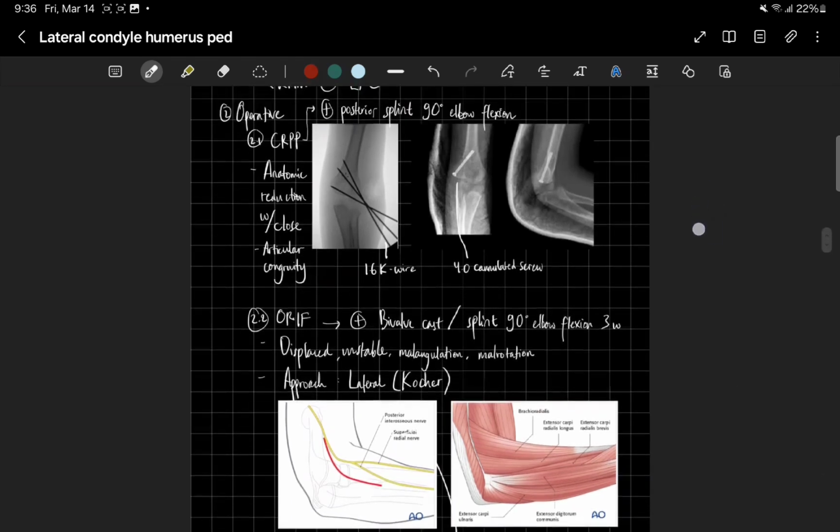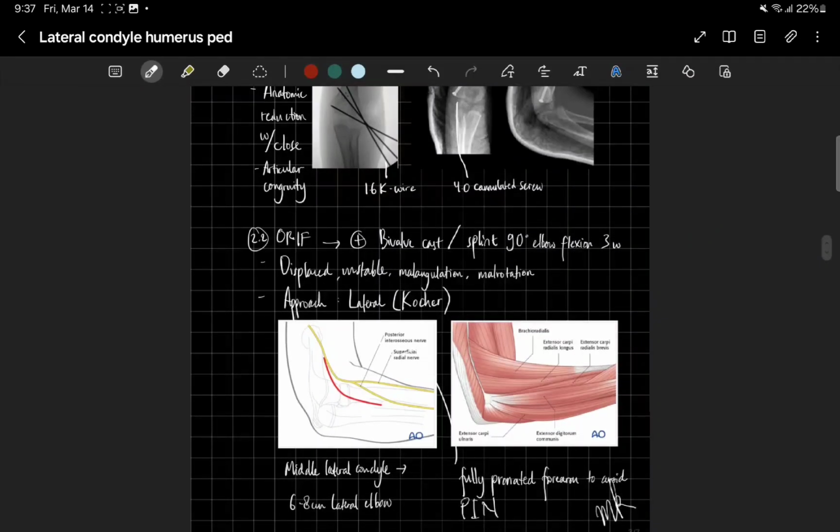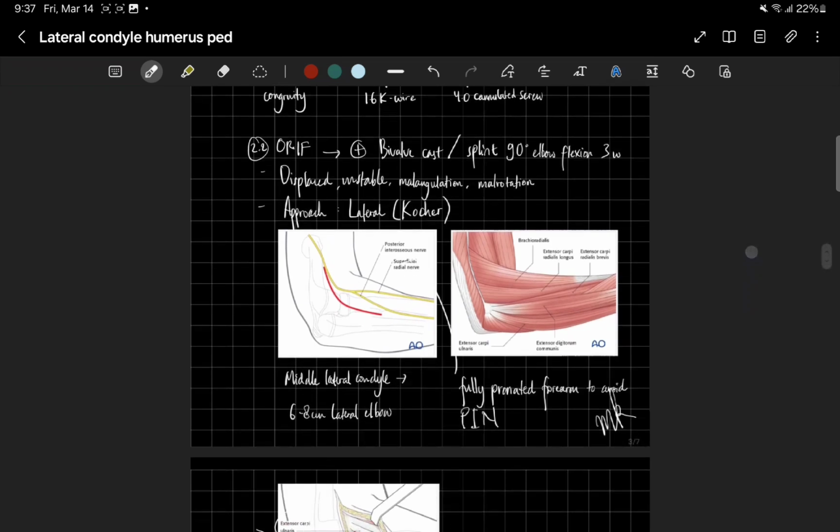Other than CRPP, if the displacement is more than 2 millimeters, if it is displaced and unstable, with malangulation and malrotation, we can treat it with open reduction and internal fixation. The usual approach is a lateral approach, the so-called Kocher approach.